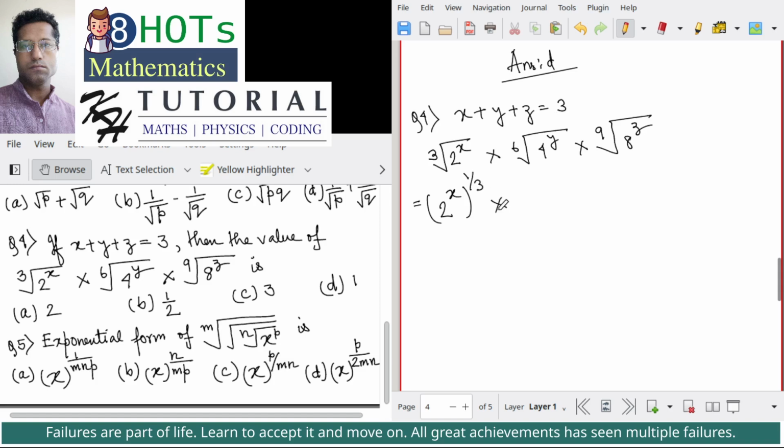This is multiplied by the 6th root of 4 to the power y, which means 4 to the power y, this whole raised to the power 1 by 6. Then multiplied by the 9th root of 8 to the power z, which means 8 to the power z, this whole raised to the power 1 by 9.